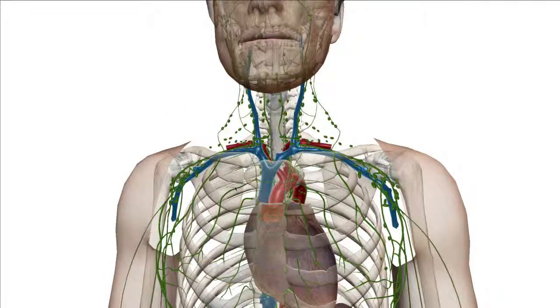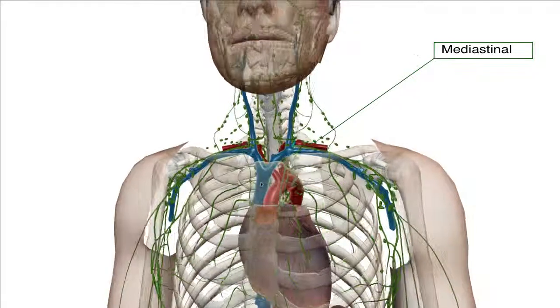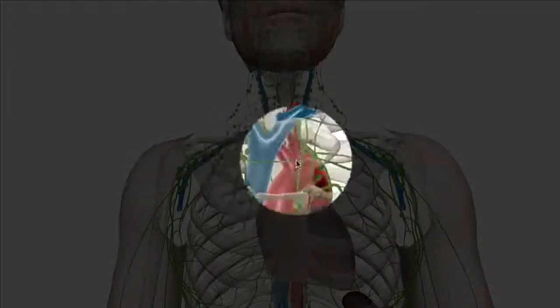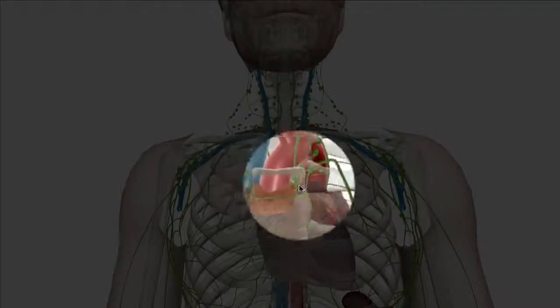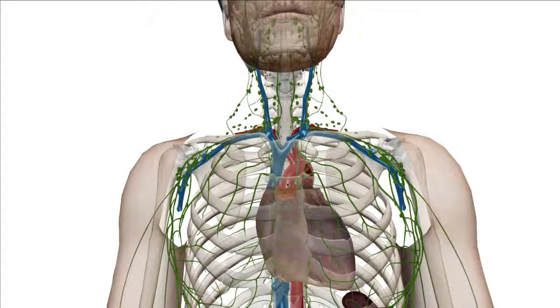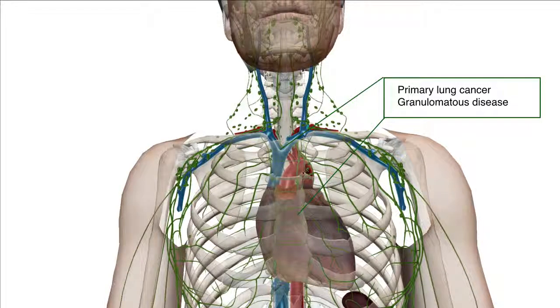Now, let's talk about the mediastinal lymph nodes. These are actually around the trachea and the esophagus, okay? So they're going to be right around this region here. Now, with mediastinal lymph nodes, associated pathology is usually a primary lung cancer metastasized to mediastinal lymph nodes, or a patient with granulomatous disease.